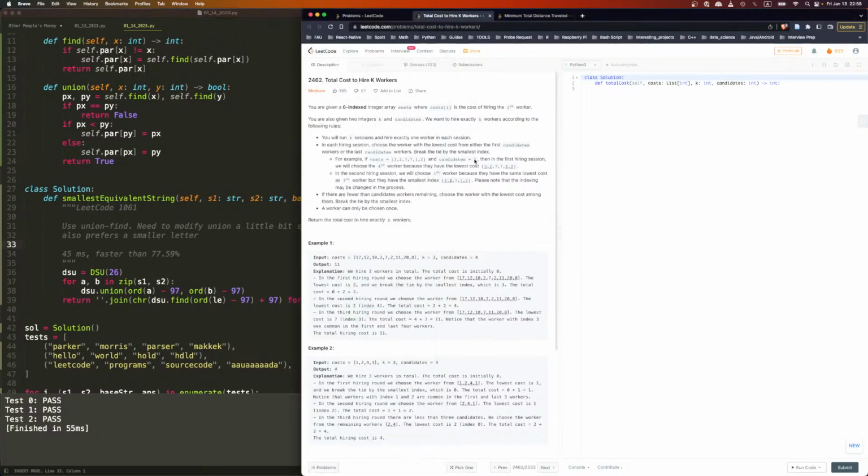Total cost to hire K workers. You're given a zero indexed integer array costs, where costs I is the cost of hiring the ith worker.